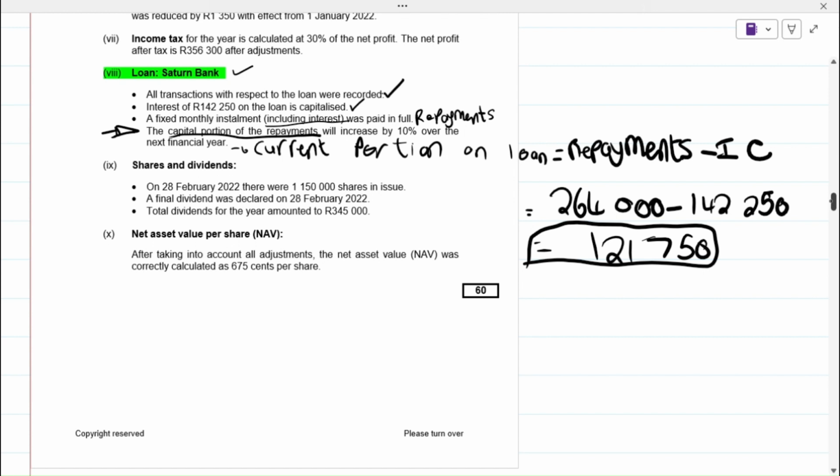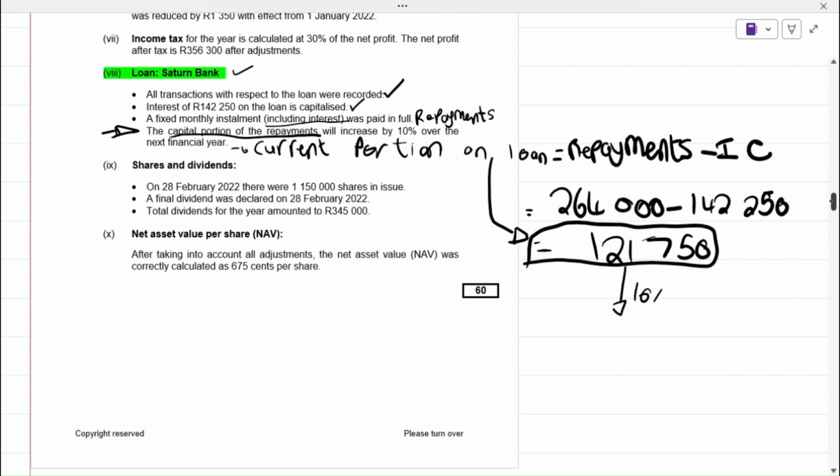When we are talking about capital amount, that's the amount that we owe that does not include interest. So we are told that this amount that we have calculated, my current portion on loan, or the capital portion of my repayment, is going to increase by 10%.